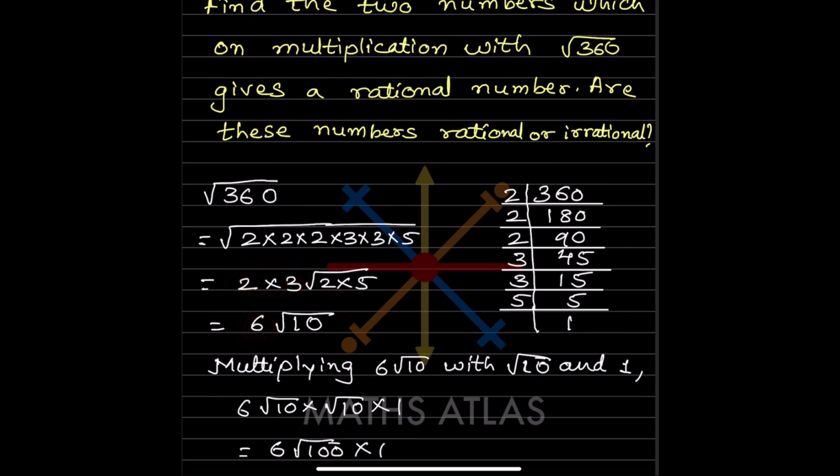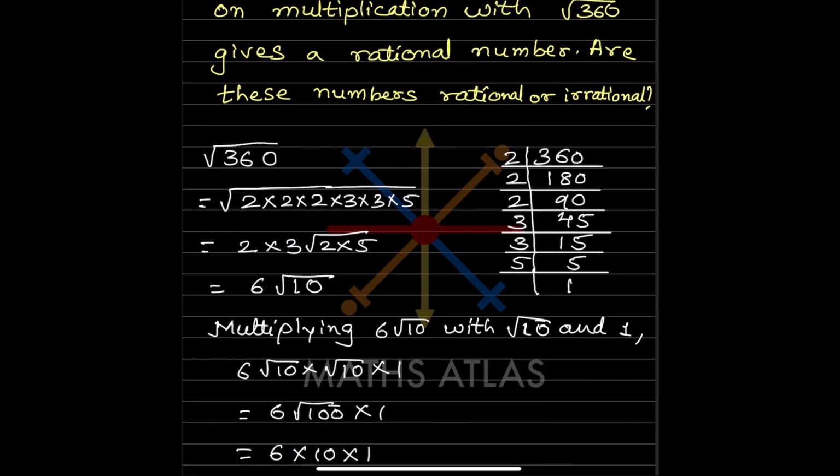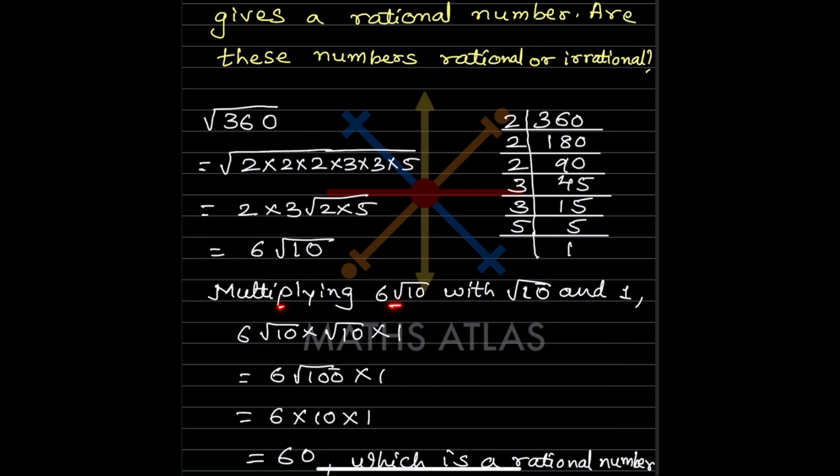Now what will you do here? We want to find the two numbers. So we are going to multiply 6 root 10 with root 10 and 1. So 6 root 10 into root 10 into 1. What will happen here? 6 will be as it is, root 10 into root 10 is going to be root 100, and this one as it is.